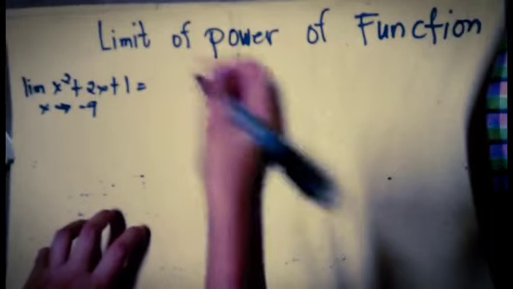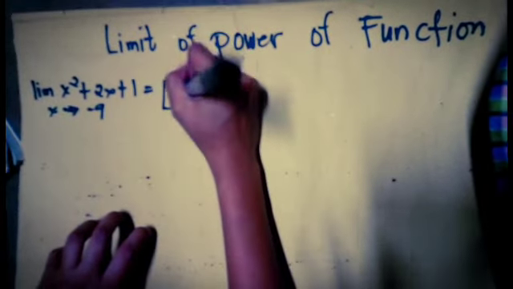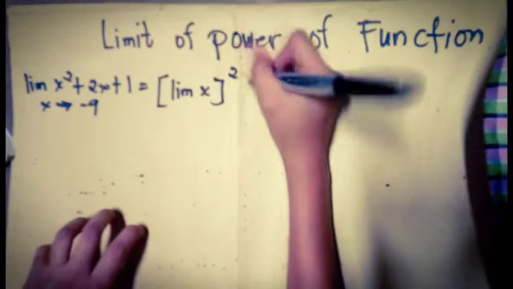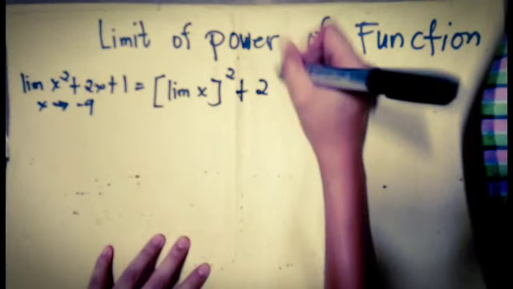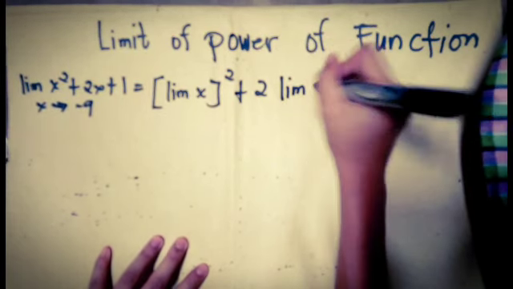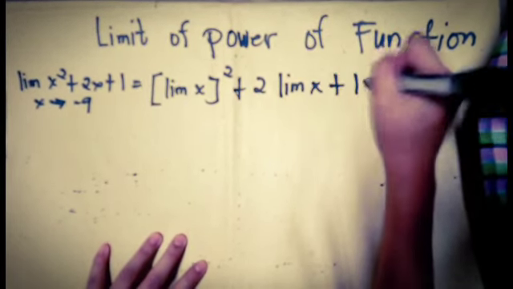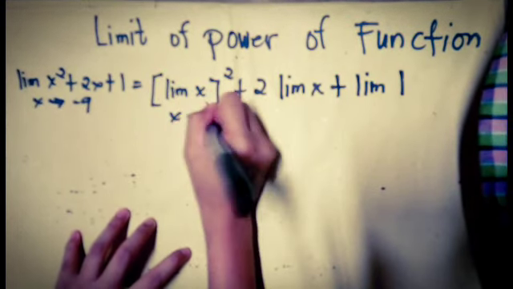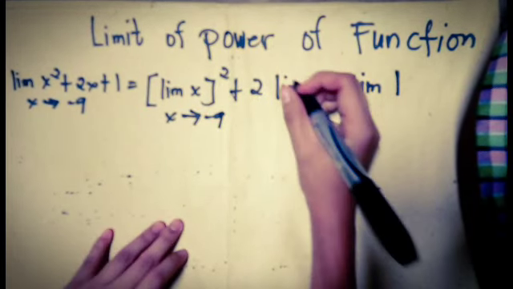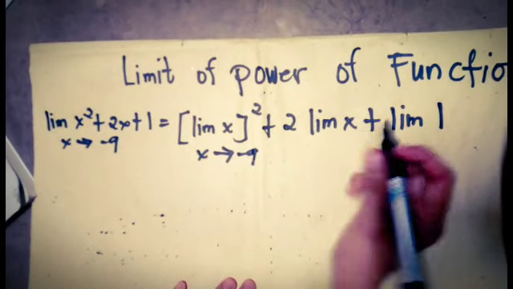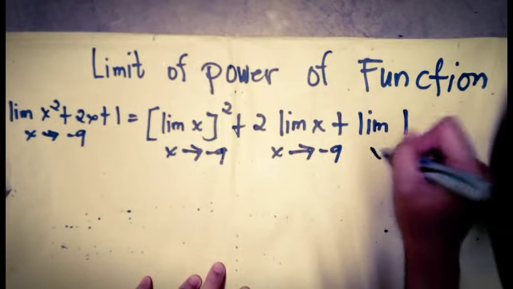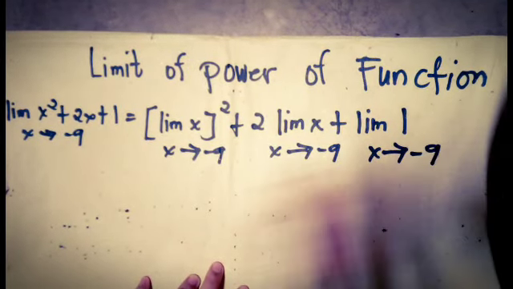Then distribute: limit of x squared plus 2 times limit of x plus limit of 1, as x approaches negative 9.